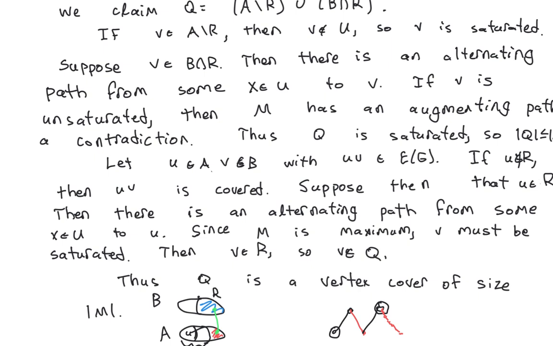But if that were so, then you could take your alternating path to the vertex in B in the blue stuff, B intersect R, and you're guaranteed that there's this matched edge here to this vertex down here, and congratulations, you have an alternating path starting in U and ending in this vertex, which means this vertex should have been in R. But we chose to define it so that it wasn't. And thus we're guaranteed every vertex in this set belongs to a distinct edge in the matching. So the size of this set is at most the size of the matching.